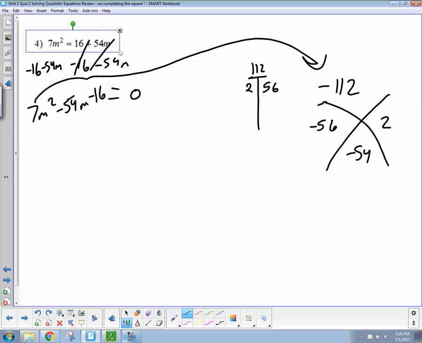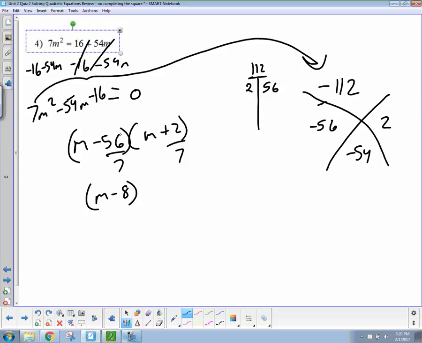Okay? So, m minus 56, parentheses, m plus 2, parentheses, divide by 7. Reduce that, we get 56 divided by 7, we get that 8.